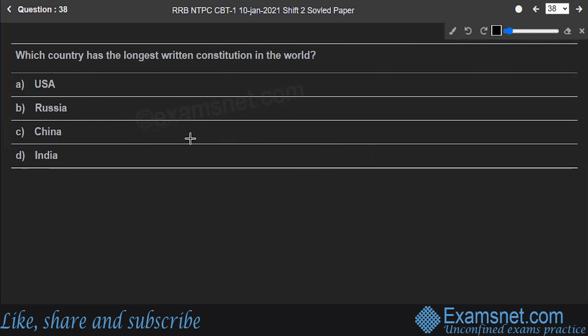Which country has the largest written constitution in the world? USA, Russia, China, or India? Well, the correct answer, the largest written constitution in the world is from India. Constitution of India is the longest written constitution of any sovereign country in the world, which contains 448 articles grouped in 25 parts within 12 schedules.